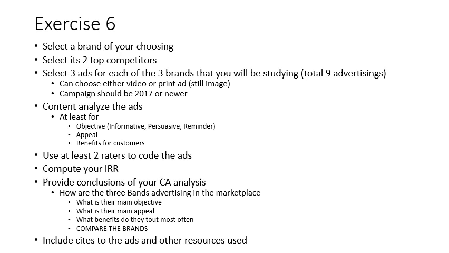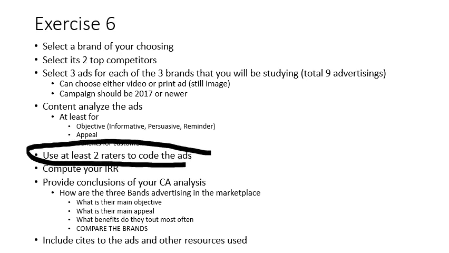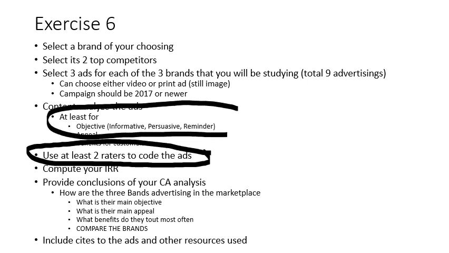Then you need to select at least 2, and 2 is fine, but 3 is okay too, raters or coders within your group that are going to review these 9 commercials, and for each of the 9 commercials, code the concepts that you have created in your code book, to see how prevalent these concepts are within those 9 commercials. Of course, you're going to aggregate those up to the brand later, because you want to see how the brand is operating. Are they using some of these concepts more than others?